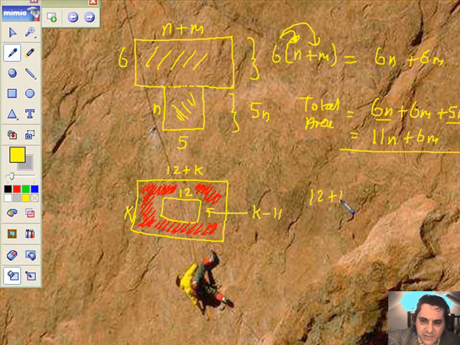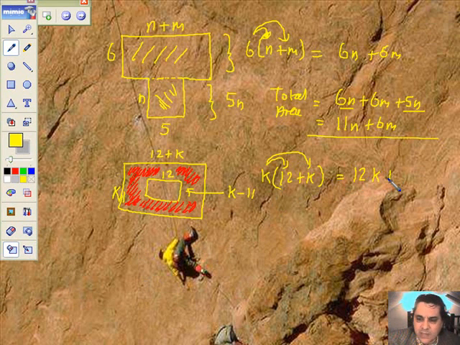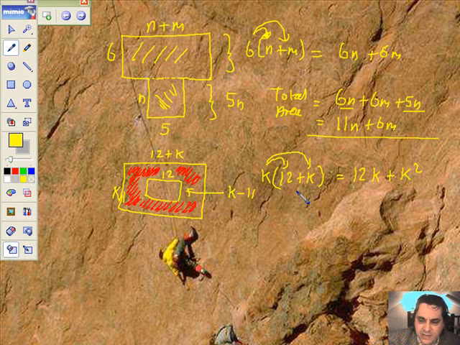I've got 12 plus k multiplied by a single k, that's that big side done, and I've got k times 12 is going to be, well, 12k, that's that little bit, and I've got k times k, well that's k squared, and that's the big rectangle done. Now the little baby one there goes 12, that's across there, multiplied by k minus 11.